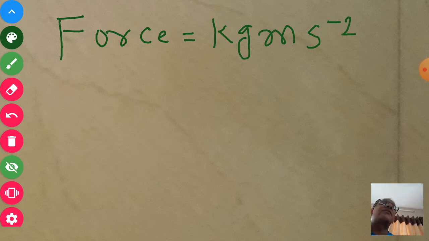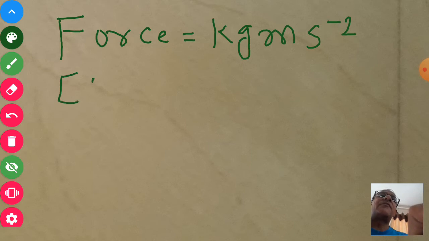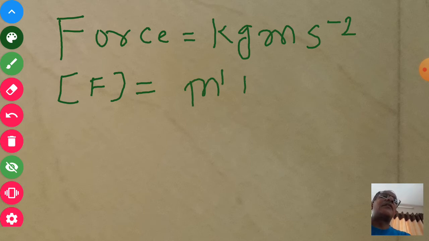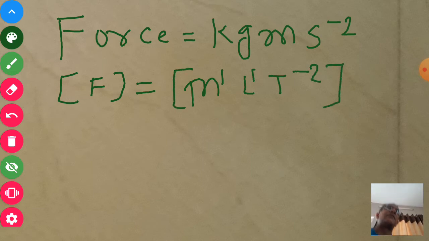We shall take this unit in terms of base quantity. So dimensional formula of force F can be written as M1 L1 T raised to minus 2. This will be the dimensional formula for force.